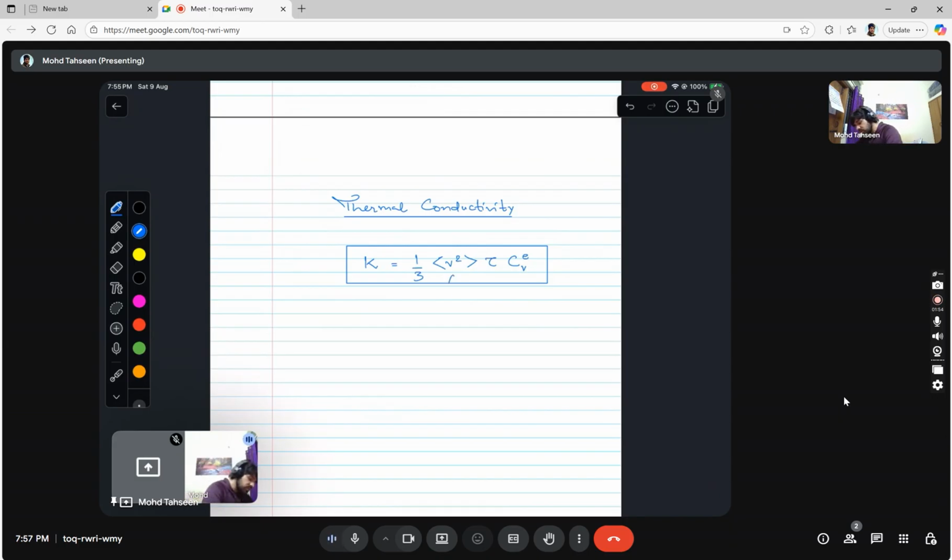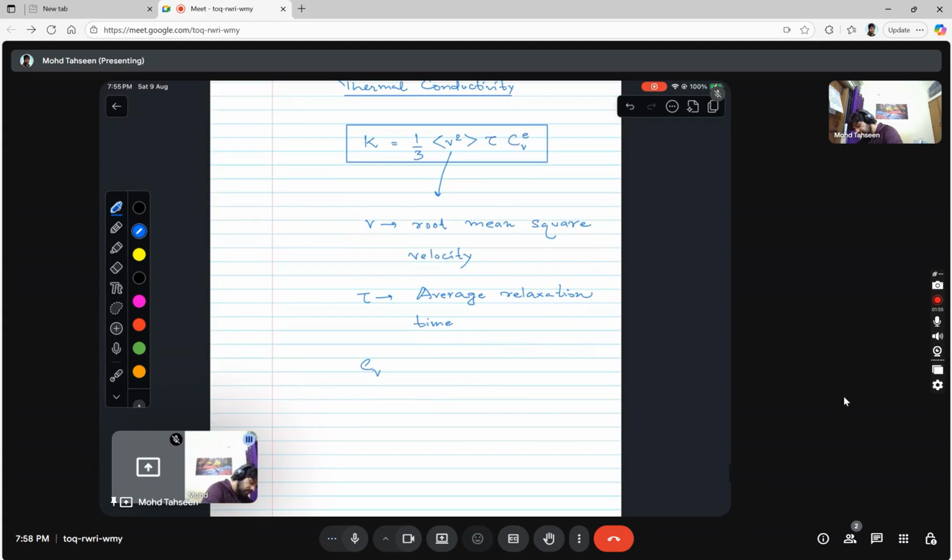Okay, so this v squared here, v is the root mean square velocity. Tau is again the relaxation time, average relaxation time, which is the time between two collisions. And C_VE, now this is an important quantity, okay?